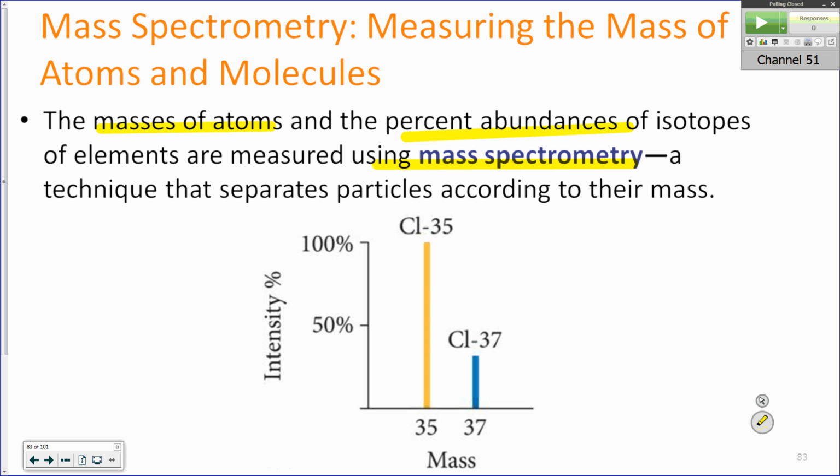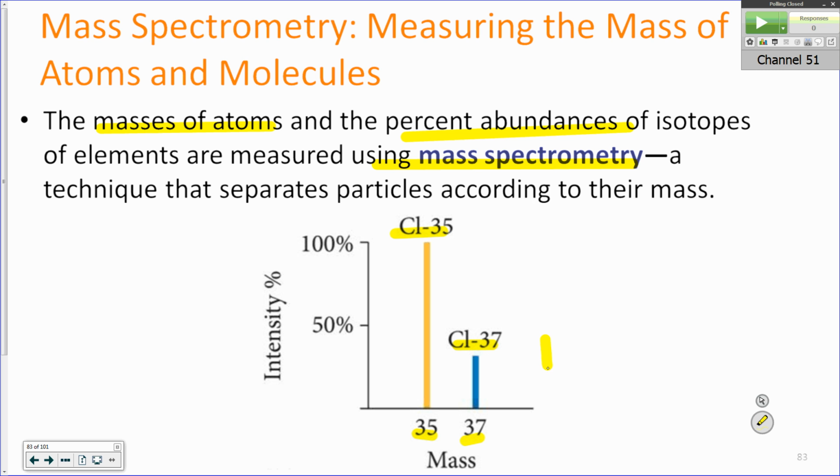But if we were to look at something like chlorine in the mass spectrometer, it doesn't see chlorine by itself because chlorine exists as those two different isotopes, chlorine 35 and chlorine 37. And it would see a signal at each mass. It measures mass and intensity, and it would see the two things at a ratio of about 1 to 3.